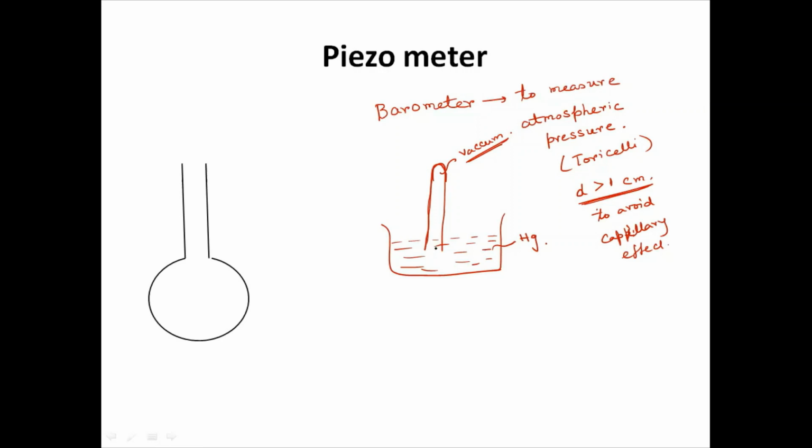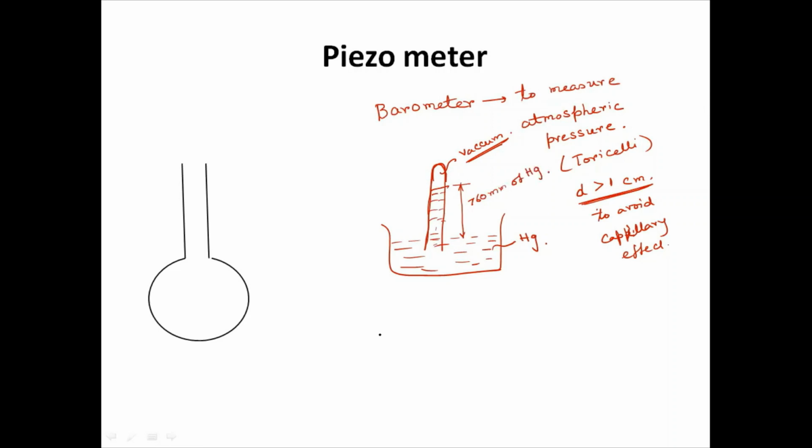Because of the vacuum, this mercury will go up, rising to a certain level. And whenever we measure the level, it comes to 760 mm of mercury. That is the height.